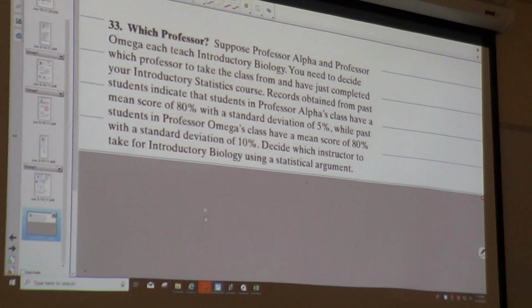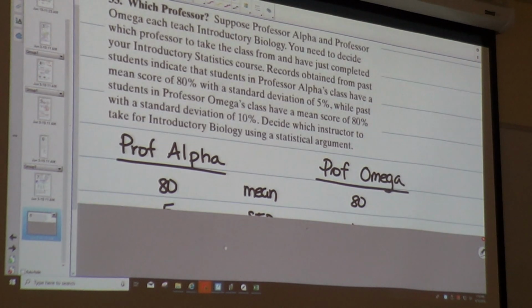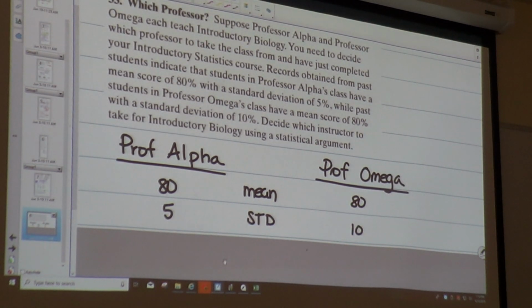So if I write it out, both professors' classes had an average of 80. But Professor Alpha had a standard deviation of 5. Professor Omega had a standard deviation of 10. Who are we going to go with? Alpha or Omega?